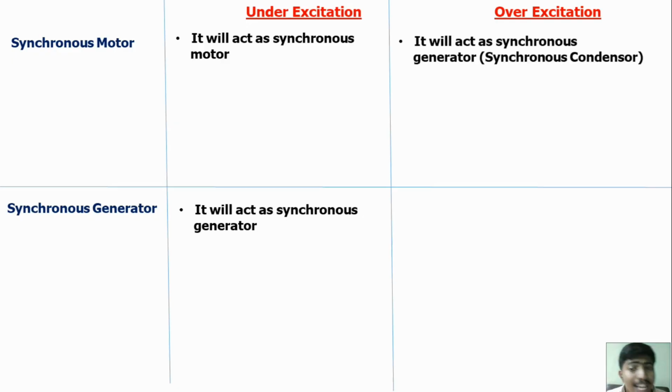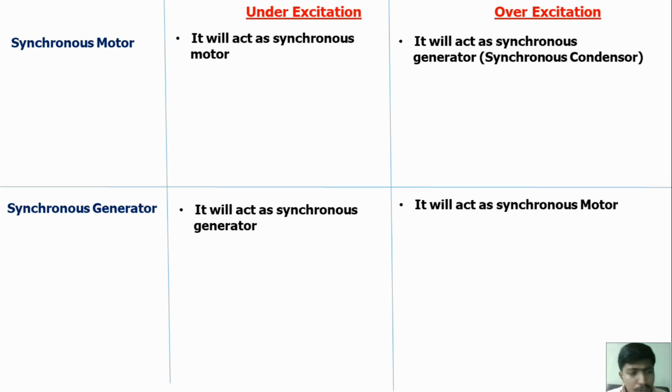During under excitation, the synchronous motor acts as a synchronous motor, and the synchronous generator acts as a synchronous generator. The behavior does not change for under excitation. But for over excitation, the synchronous motor acts as a synchronous generator, that means a synchronous condenser, and the synchronous generator acts as a synchronous motor. For over excitation, the behavior of the synchronous motor and generator changes. We have to remember this.